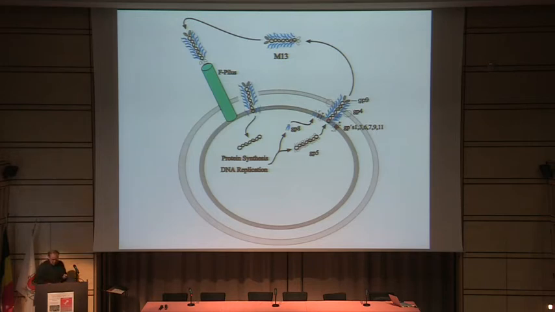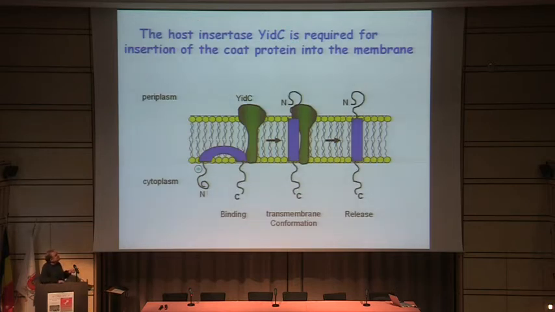And early on we found that this event is accompanied by a host factor, a host protein, which is in the inner membrane of E. coli. And the name of this protein is still derived from the sequencing project of unknown function genes.